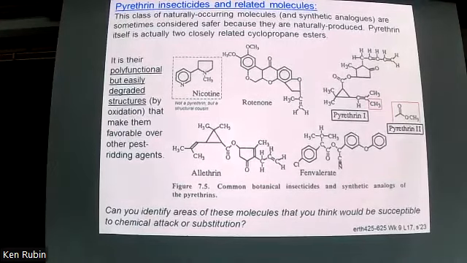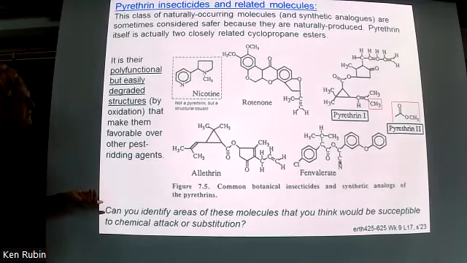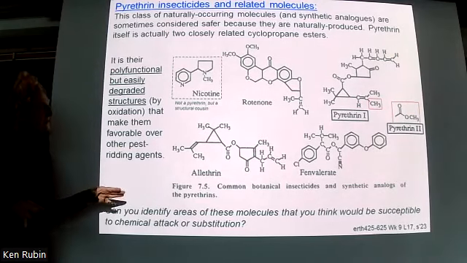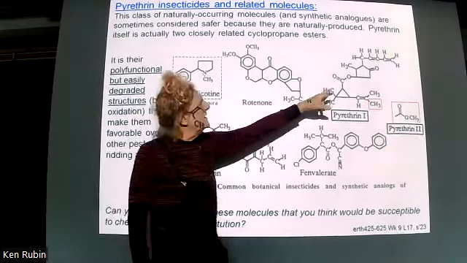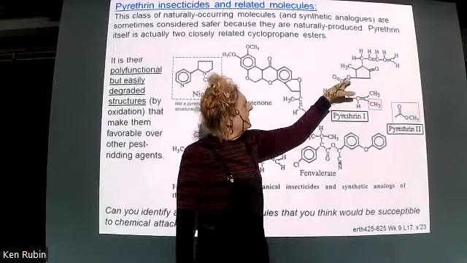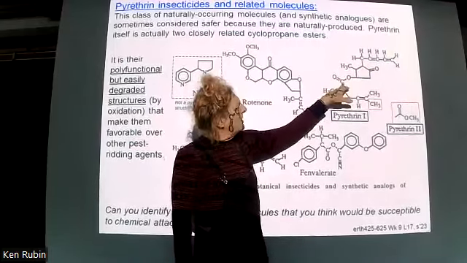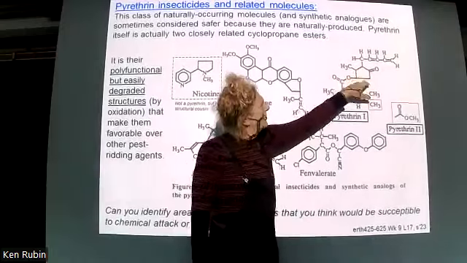Another class of organic chemicals that's useful to know about are the pyrethrins. Pyrethrins are a class of molecules that are characterized by having this cyclohexane ester, where there's a carboxylic acid and then this is an R group.